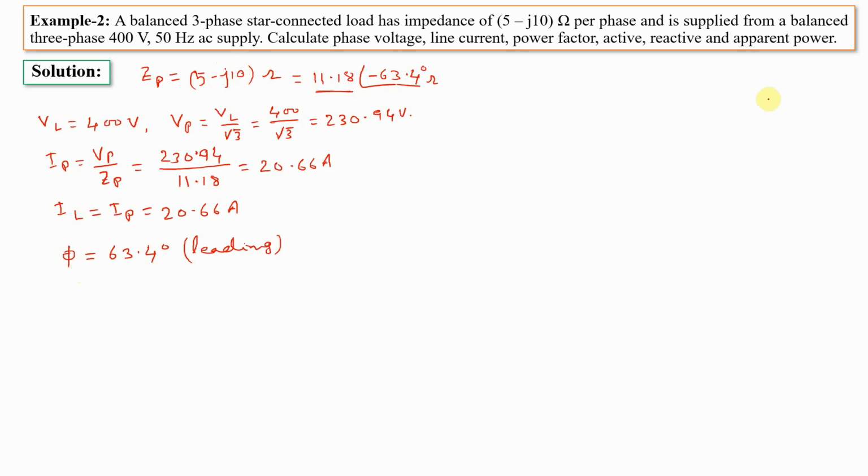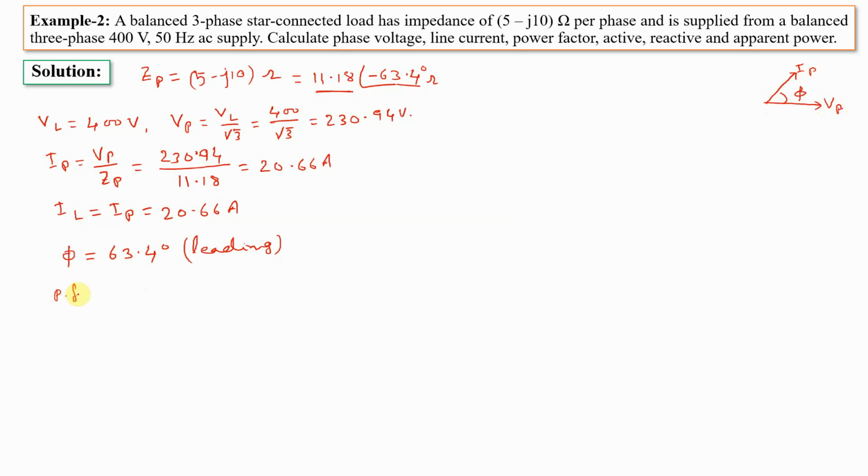Leading means that the phase current will lead the phase voltage by this angle of phi, and it is applicable for all the phases. In each and every phase, the corresponding phase current will lead the corresponding phase voltage by the angle of phi, and here the phi is 63.4 degree.